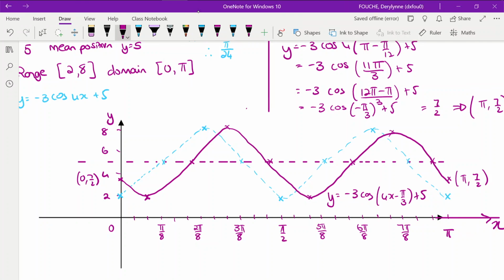We also need to label our points, so we're going to have pi on 12 and 2. We're going to have 8 pi on 24 and 8. We're going to have 14 pi on 24 and 2. And we're going to have 20 pi on 24 and 8. Wonderful.